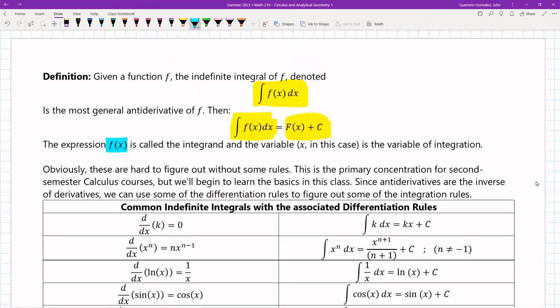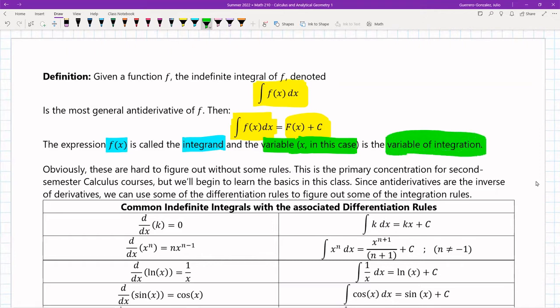The little f of x is what we call the integrand, okay? And the variable, in this case, that x variable, x, is what we call the variable of integration. This becomes really important once you get to Calc 2 and Calc 3, Calc 3 for sure, okay?